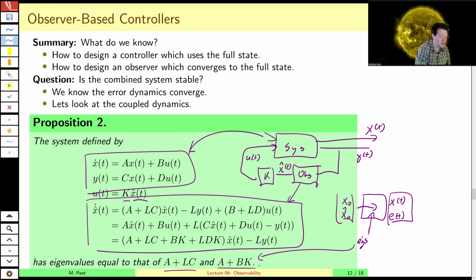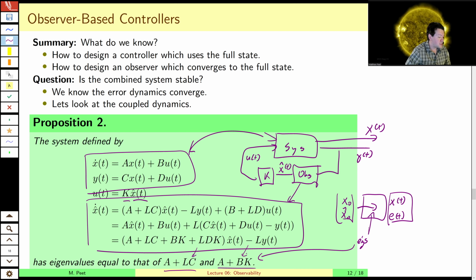So technically, we don't really need these eigenvalues to converge faster than these, but that's generally how people design these things.